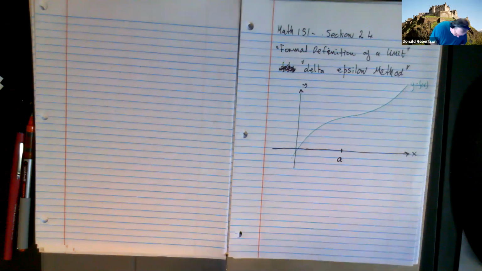And we're only going to look at the formal definition of a limit for this situation. So I'm going to imagine that we're interested in the limit of the function as x tends to a.